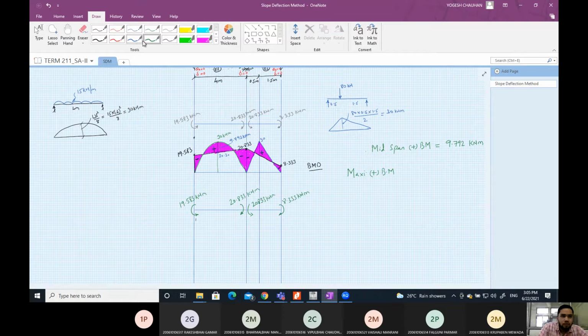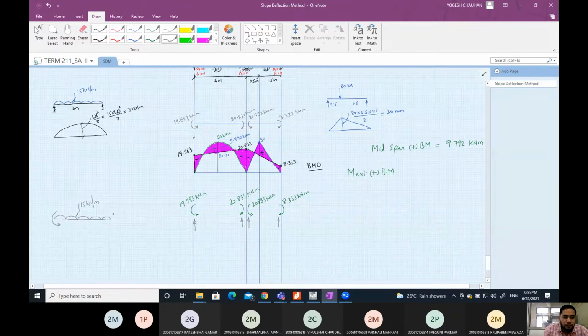Let us find the shear force. Now you consider this span as loaded with UDL of 15 kilonewton per meter and subjected to these final moments, 19.583 kilonewton meter and 20.833 kilonewton meter.